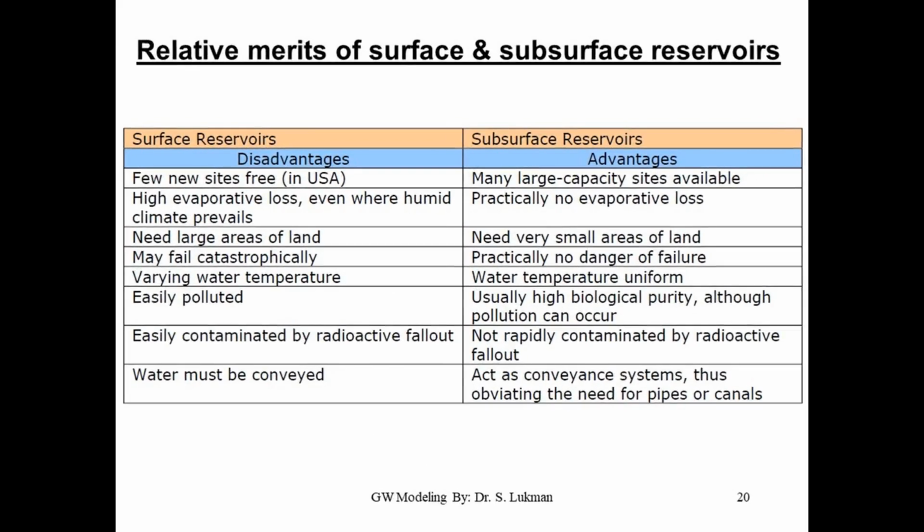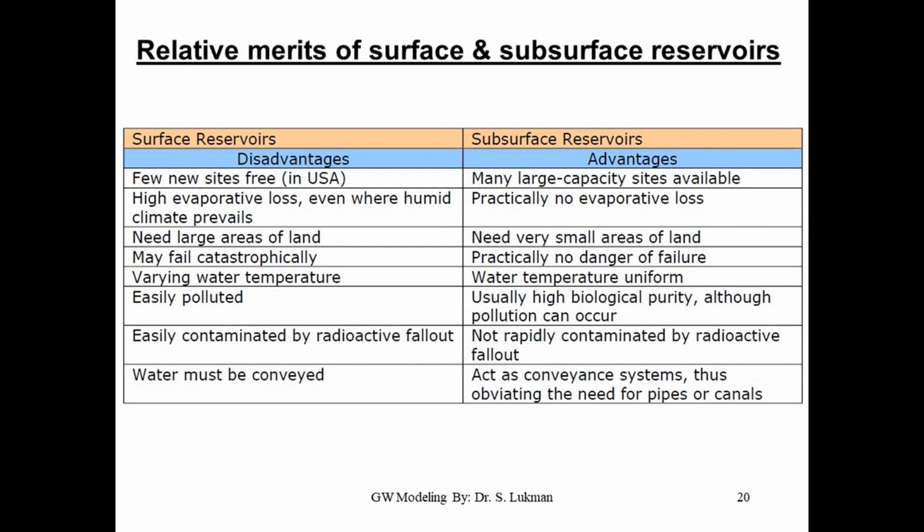These are other relative merits of surface and subsurface reservoirs. Surface reservoirs, subsurface reservoirs, which is for the groundwater. Here you have few new sites that are free for the surface reservoir. This is for US. Many large capacity sites are available for the groundwater. And high evaporative loss.